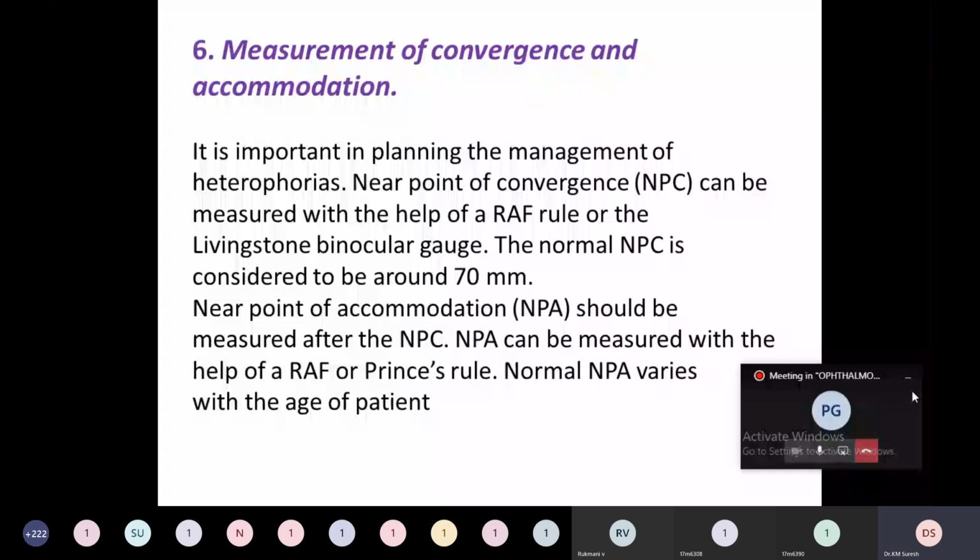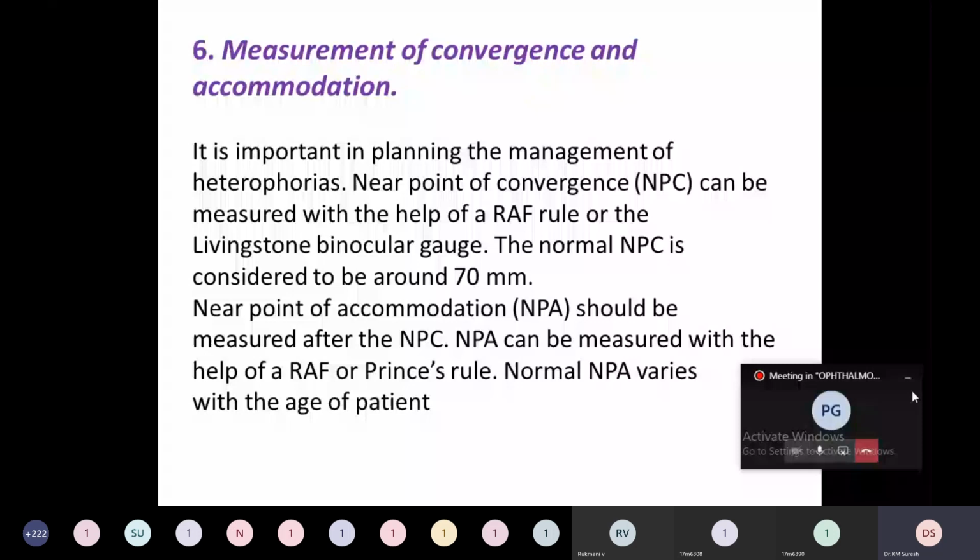Okay, with that I will conclude the class. We have learned about binocular single vision. We have learned about the types of squint, and we have gone into the details of only phorias. The rest of the things we have not touched still.